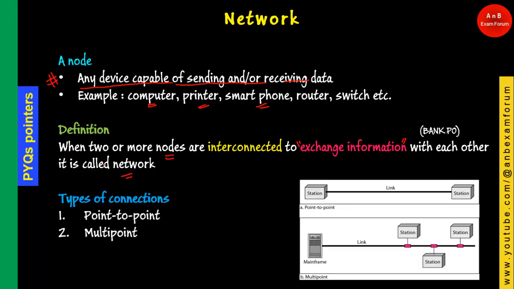So how to connect the devices? It can be point to point and it can be multi-point. When one station is connected to another, it is point to point. Whereas when a link has multiple stations connected to it, it is called multi-point.